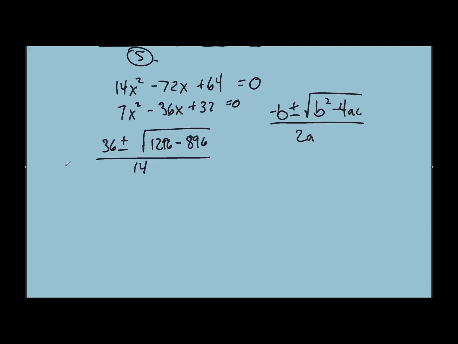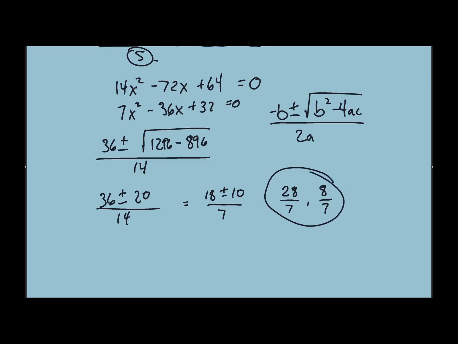Okay, so what's 1296 minus 896? That's 400 even, so 36 plus or minus 20 over 14. We're getting warmer. Let's divide everything by 2 again. 36 divided by 2 is 18, plus or minus 10 over 7. So we get 28 over 7 and 8 over 7 as our other two critical numbers.